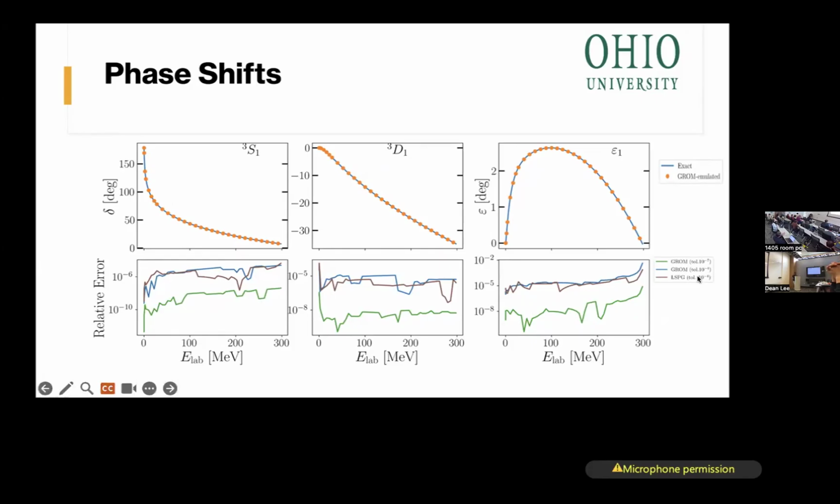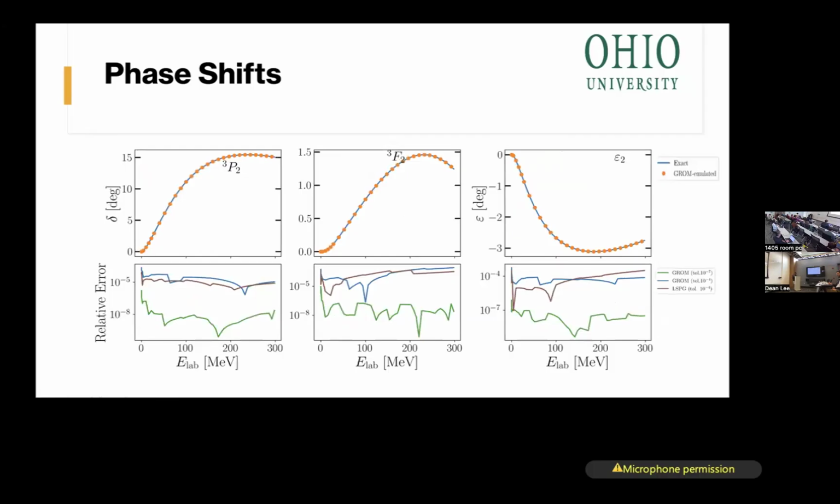If I define my error tolerance, GROM and LSPG behave similarly, and that's around 10 to the power negative 5 in this J equals 1 channel. I also have the J equals 2 channel. Again, for 10 to the power negative 4, they behave similarly, around 10 to the power negative 5. For 10 to the power negative 7, it goes from 10 to the power negative 7 to lower values.